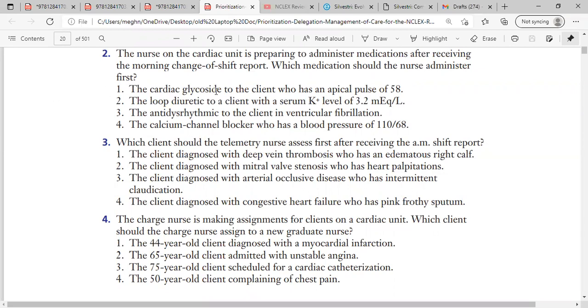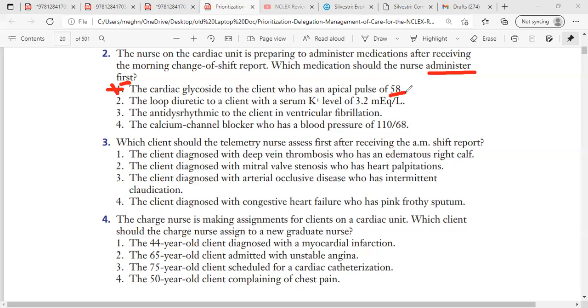First, let me see the cardiac glycoside to the client who has an apical pulse of 58. It is important to understand the question: administer first. Number 1 is not the answer. For a cardiac glycoside, I need to check the pulse, and if I get a pulse of 58, I must hold it.